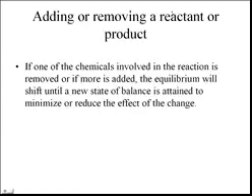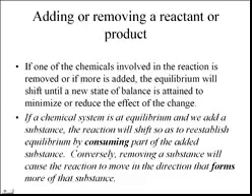So, if you add more of a substance, the reaction is going to use up that substance that you've added, shifting in the opposite direction. It's going to move in a direction that forms more of that substance. Okay?